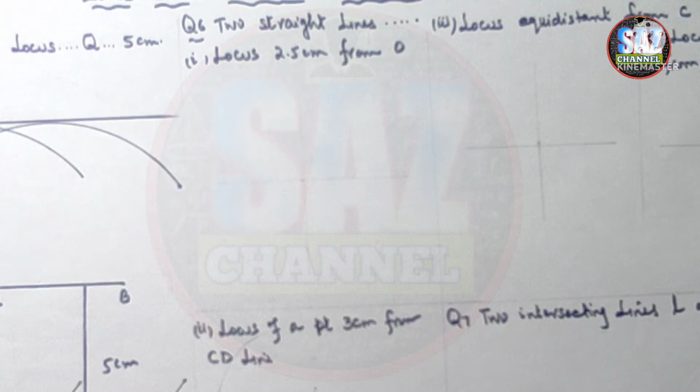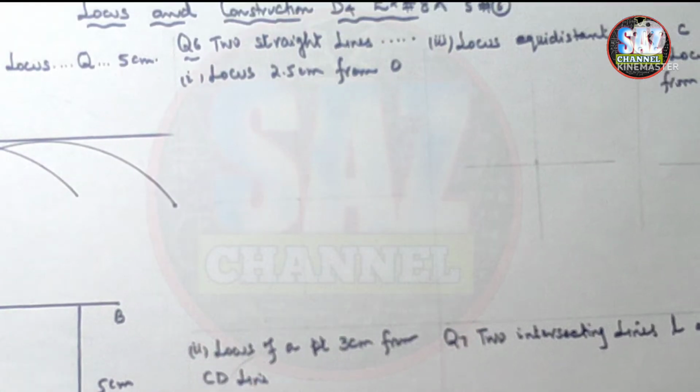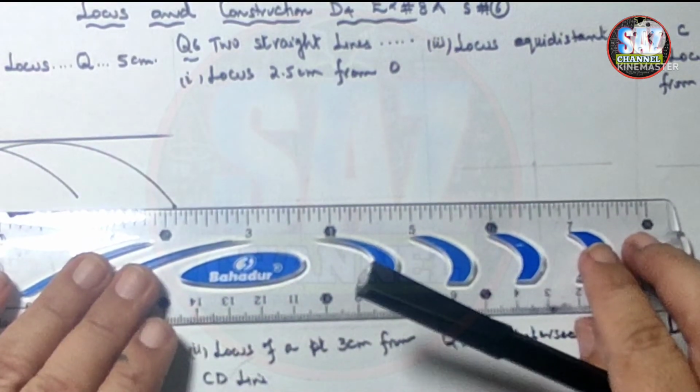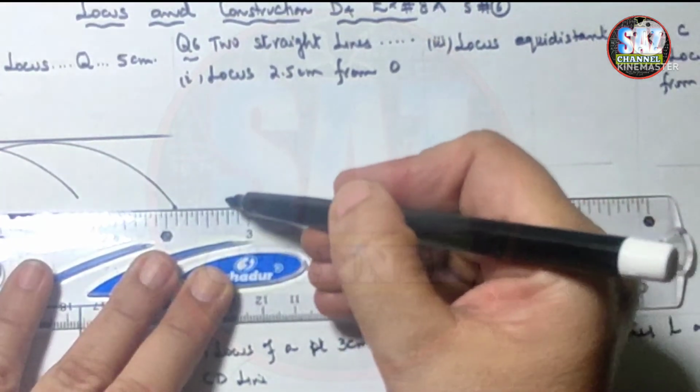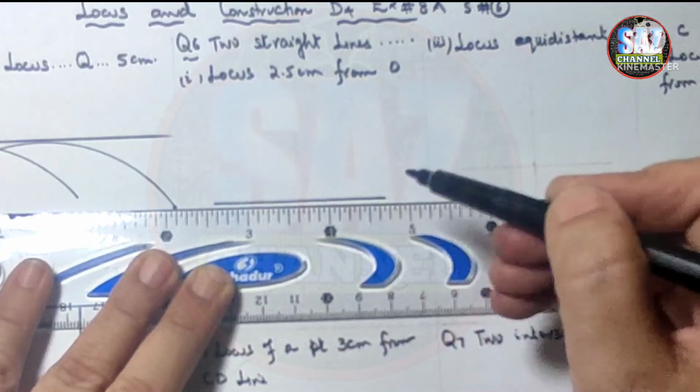Okay, so first of all the instruction is that we have to construct two lines which are AB and CD, and there is no specific length given here. So, we can draw AB and CD of suitable measurement.